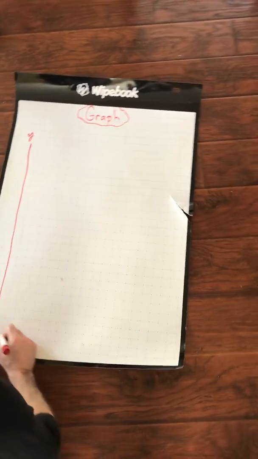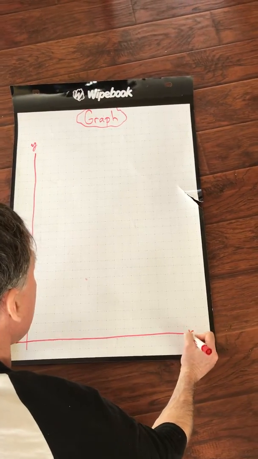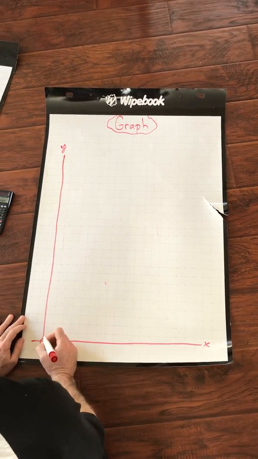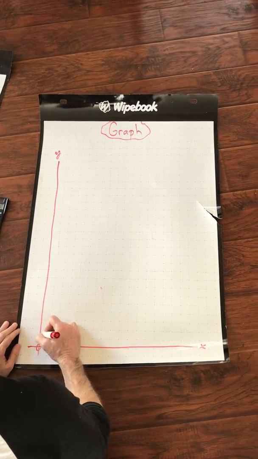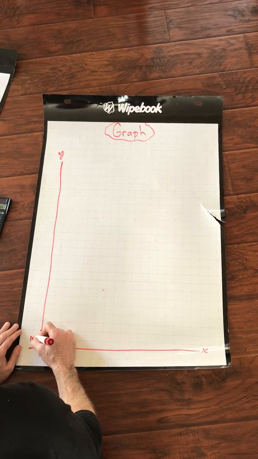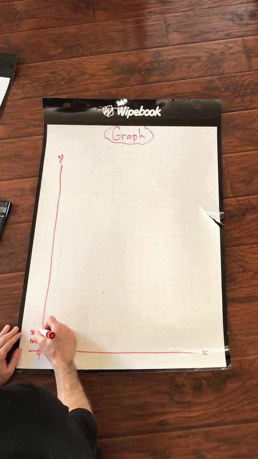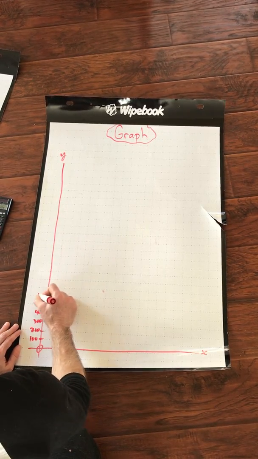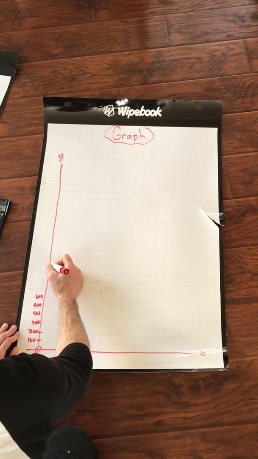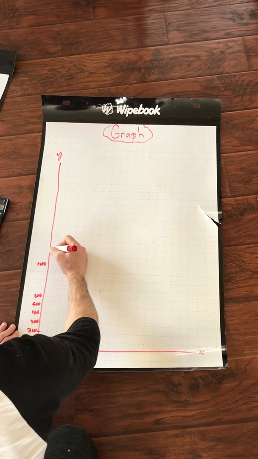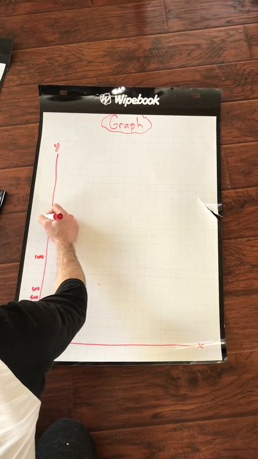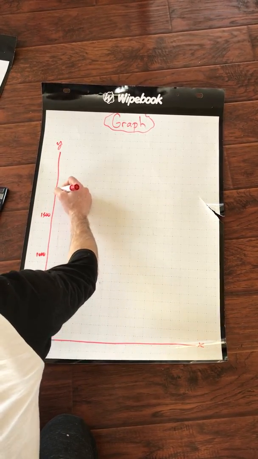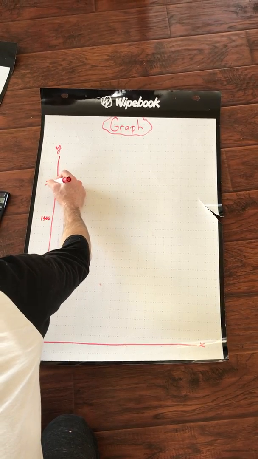Here's my x-axis to tell me how long it's been. I'm going to go up by a really huge number: 100s, 200, 300, up to 1,000, 1,500, 2,000.